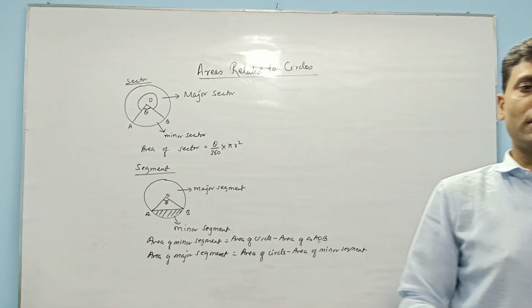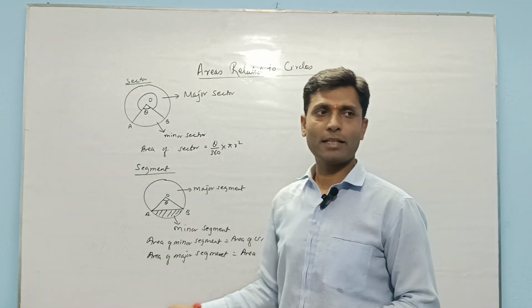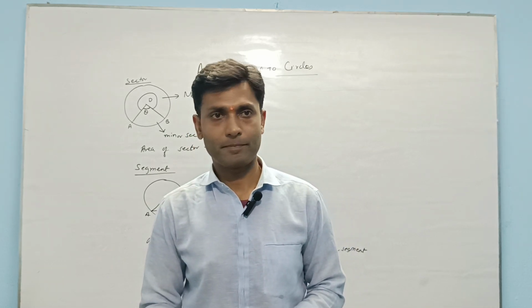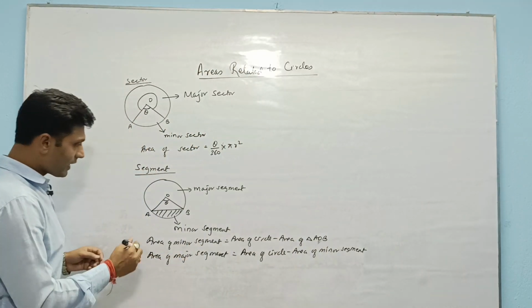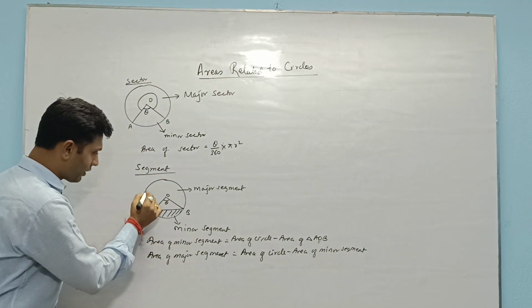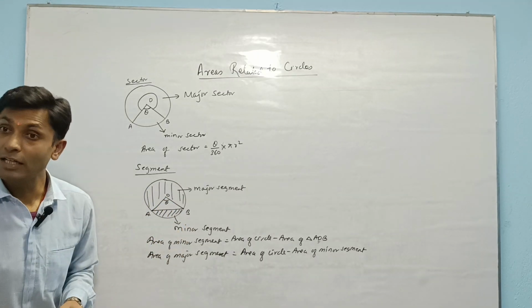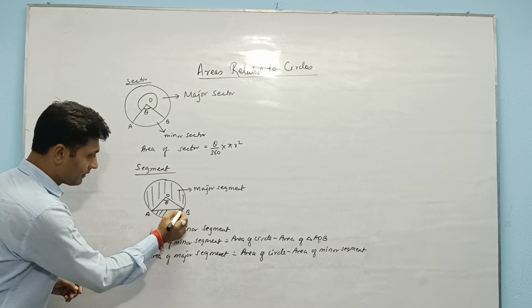Okay, but what if the minor segment is not known? Suppose in the question it's not asked to find the area of minor segment. In that case, how can we find the area of the major segment? There is another way also. See, this portion is called major sector. And this is the triangle.